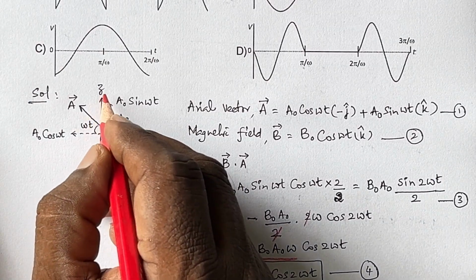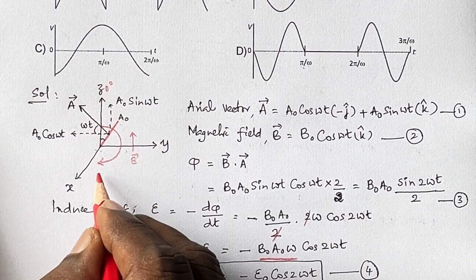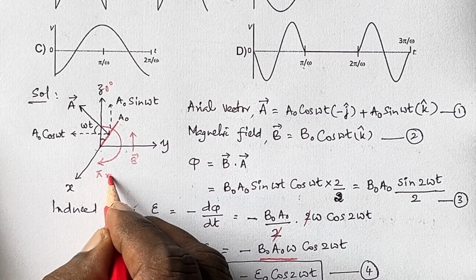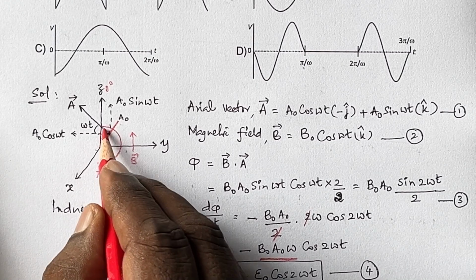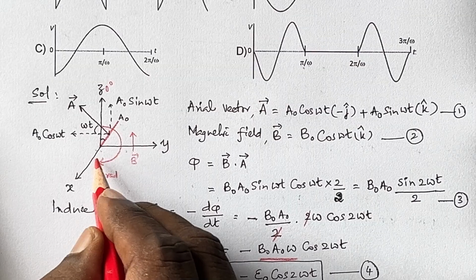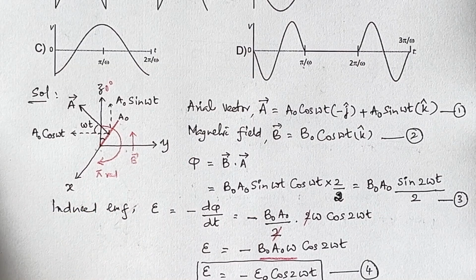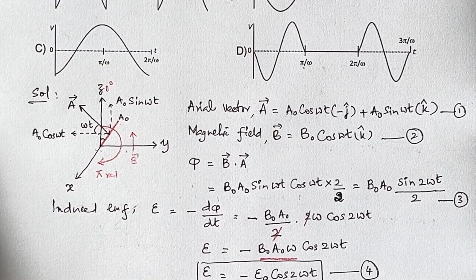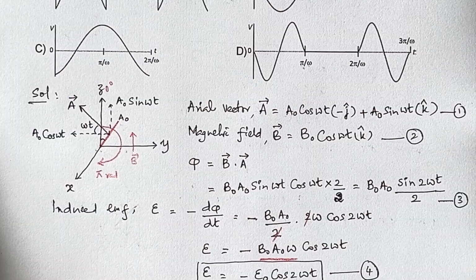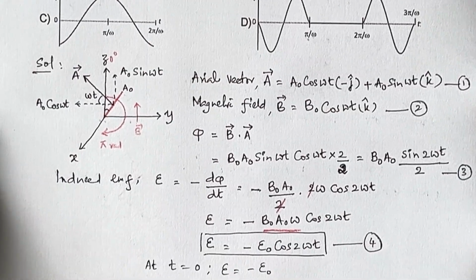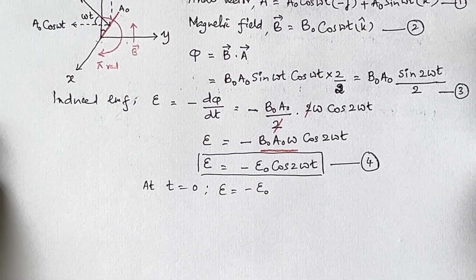So the magnetic field exists between 0 radian to pi radian. Only in half a cycle the magnetic field exists. In the remaining half cycle there is no magnetic field, which means there is no EMF. So the magnetic field will be up to half rotation.